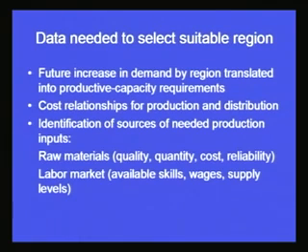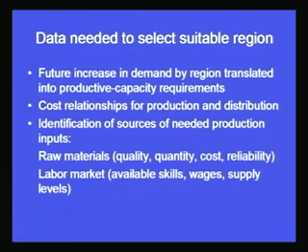So we have to take into account the prevailing wages. We may choose an area where the wages are less, or we have to pay less wages to get the similar kind of work done. And then the supply levels are also very, very important.